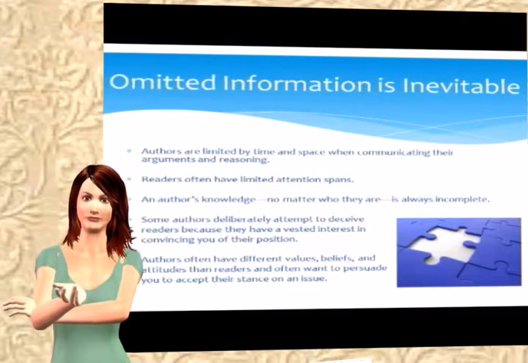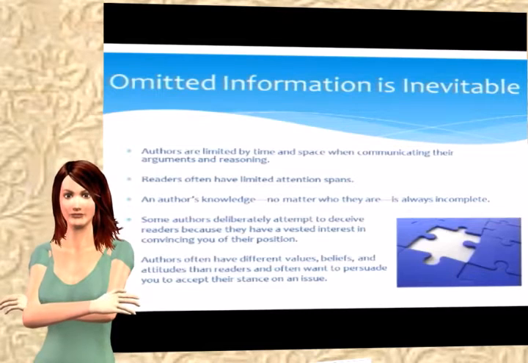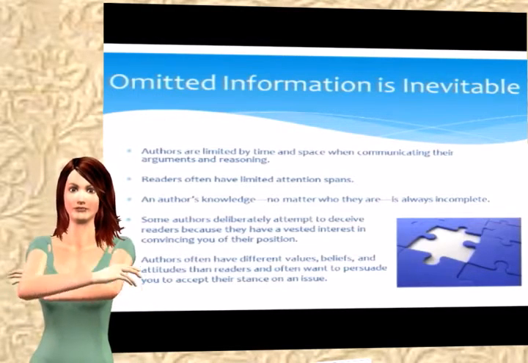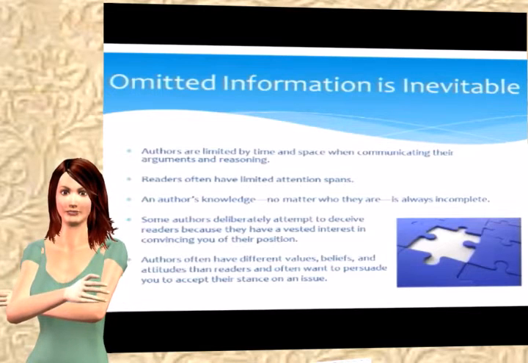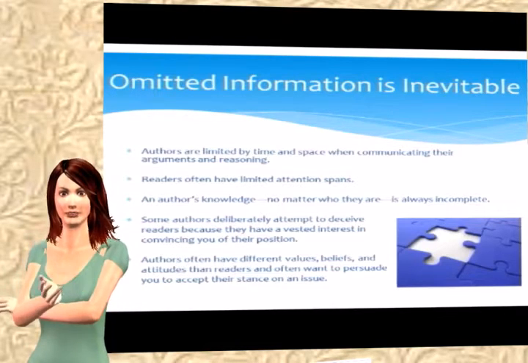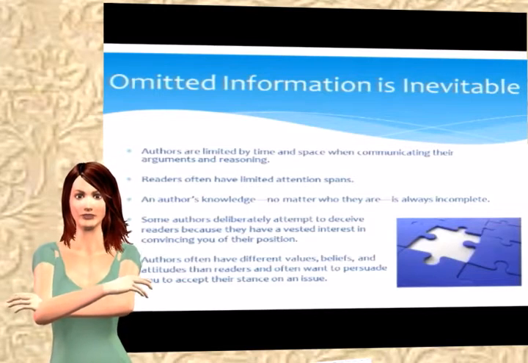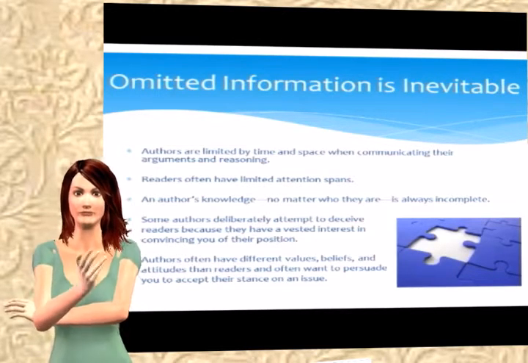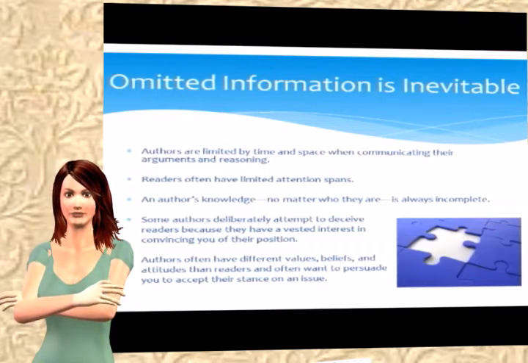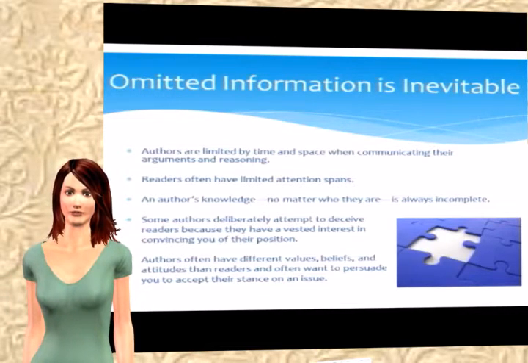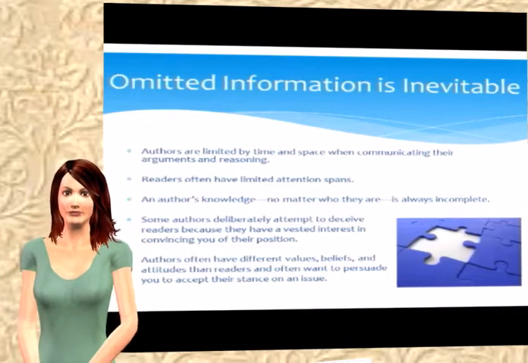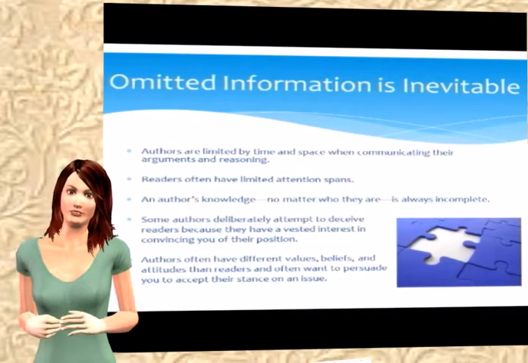Another reason is that an author's knowledge, no matter who they are, they can be the smartest person in the room, they can be the most knowledgeable expert on a particular topic, it's always going to be incomplete. No one can know everything there is to be known about, even a very specific topic. A fourth reason is that some authors just deliberately attempt to deceive their readers, particularly because they have a vested interest in convincing you of their position.